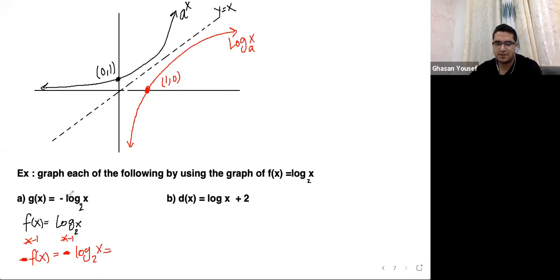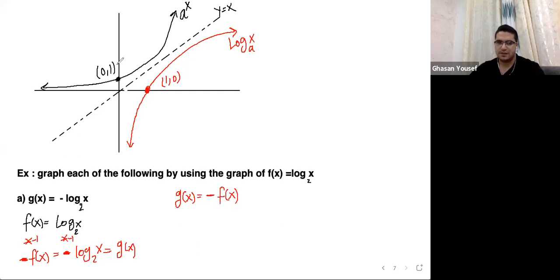Look, g of x is the same as negative logarithm x to the base 2. I'm going to remove this until I finish the first example. So I can rewrite this function like before. This is just a review: g of x equal minus f of x.